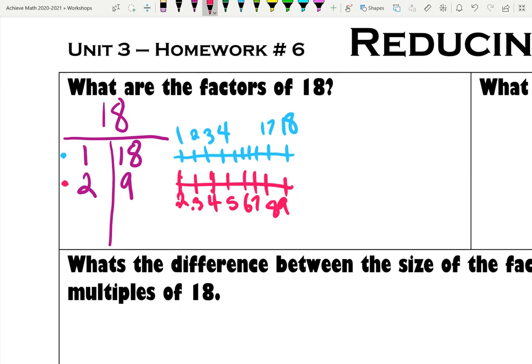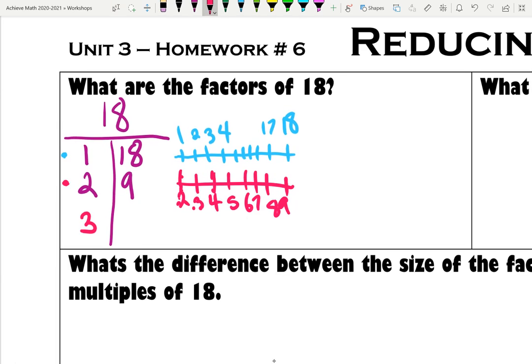But going in order, I find out 3 is a factor of 18, and the reason for that is 3 times 6 is 18. What happens is, instead of having to look at all of them, now I just have to check the region between 3 and 6. That means, is 4 a factor? Is 5 a factor? And both of those are not.